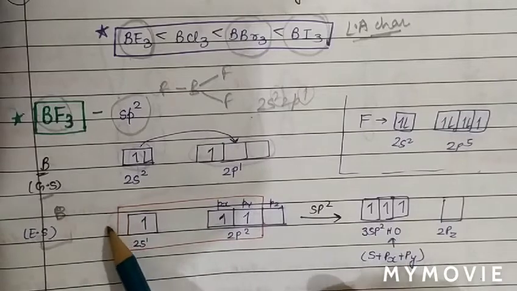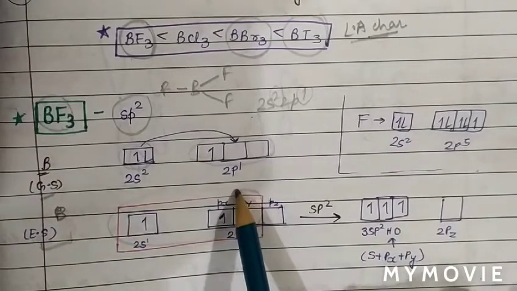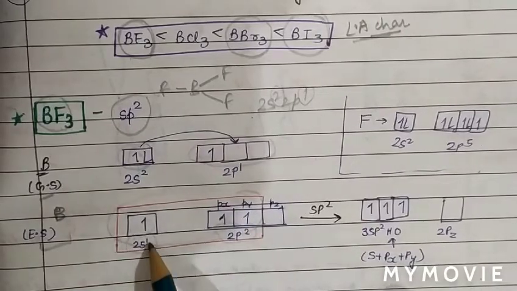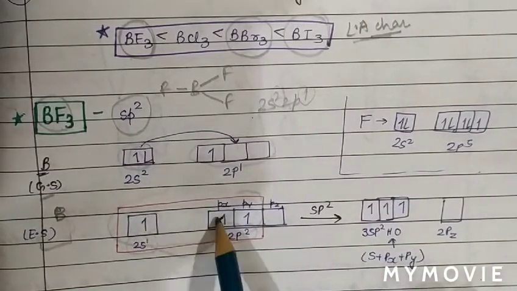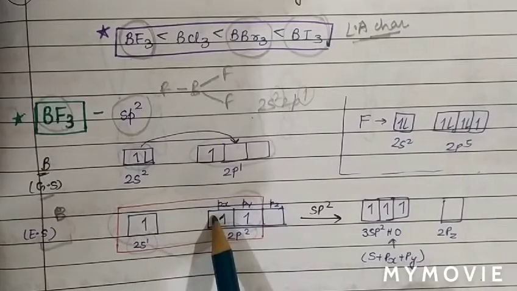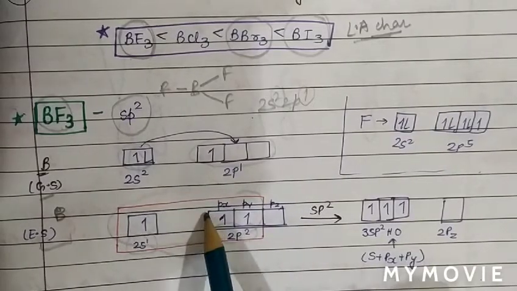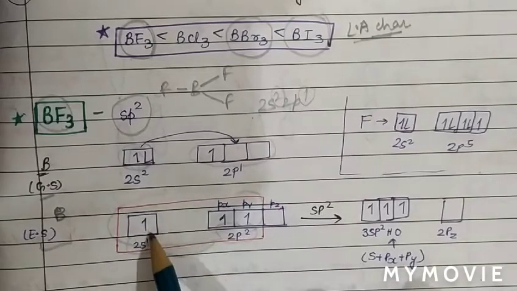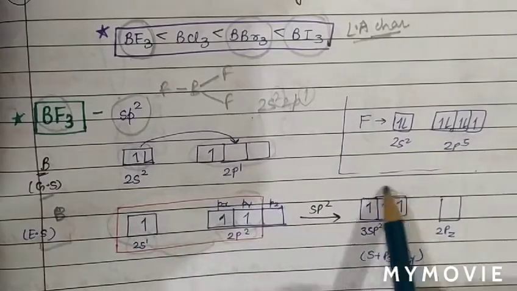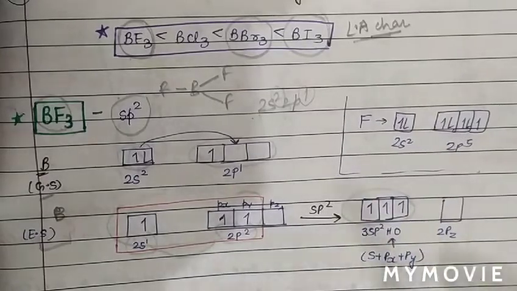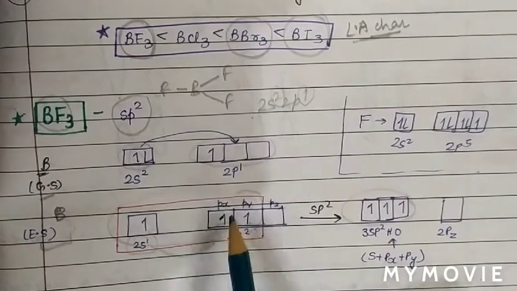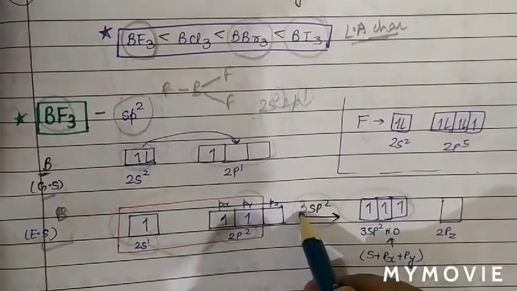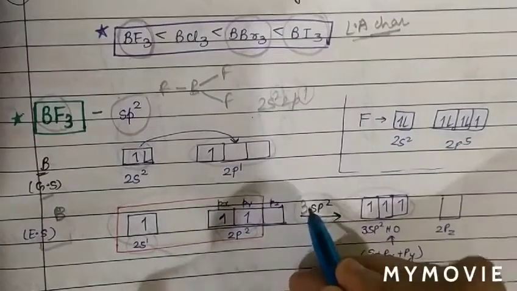So these 3 orbitals will undergo hybridization because these are atomic orbitals, so there is a difference in energy. Now after hybridization, intermixing, they form, as we know, the number of atomic orbitals combined is the same as the number of hybrid orbitals formed. So 3 atomic orbitals combined, therefore 3 hybrid orbitals will form. In hybridization, 1 s and 2 p orbitals undergo hybridization, so basically 3 sp2 hybrid orbitals will be formed.